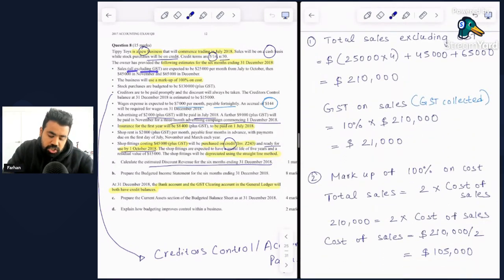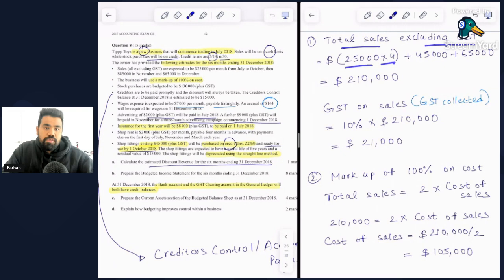Sales, all excluding GST, are expected to be $25,000 per month from July to October, then $45,000 in November, and $65,000 in December. So if I want to calculate the total sales excluding GST, we take $25,000 and multiply it by 4.